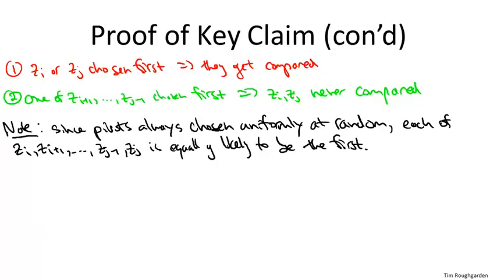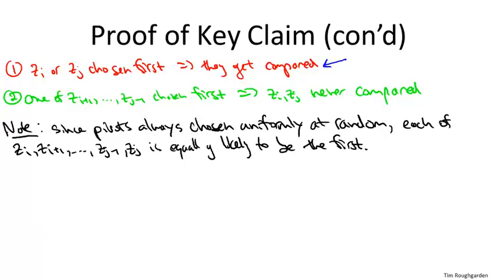Now we're talking about a set of j minus i plus 1 elements, each of whom is equally likely to be asked to serve first as a pivot element. And the bad case, the case that leads to a comparison, has two different possibilities: if z_i or z_j is first. The other j minus i minus 1 outcomes lead to the good case where z_i and z_j never get compared.